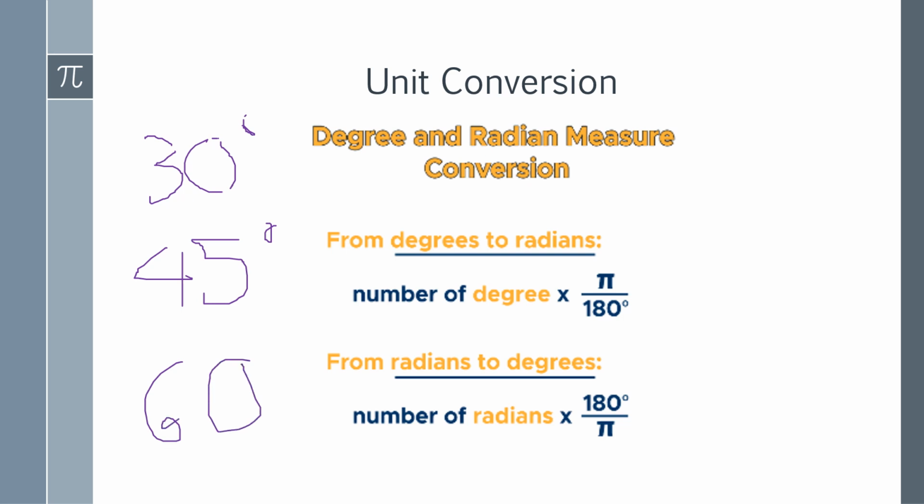You're going to see them a lot next class period. To convert from degrees to radians, you take the number of degrees and multiply by pi over 180. From radians to degrees, the number of radians times 180 degrees over pi. So take a moment to write that down, keep it paused, and we're going to apply it.